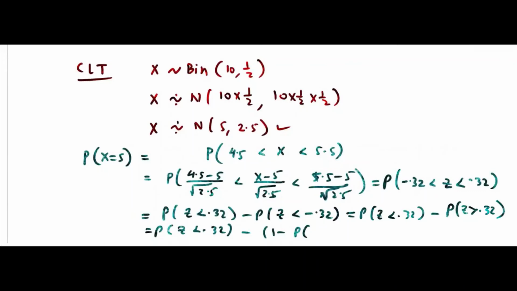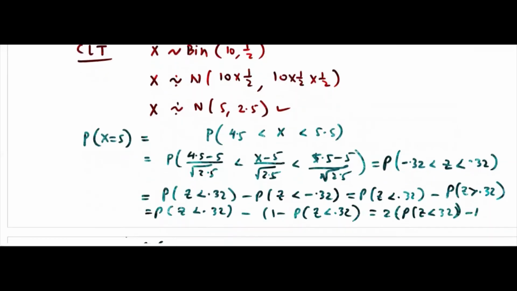Then the first one is the same and the second one is 1 minus probability z is less than 0.32. So now you will get 2 times probability z is less than 0.32 minus 1. So this way you have to see only once, and you find probability z is less than 0.32 from the table, and finally you will get the answer.